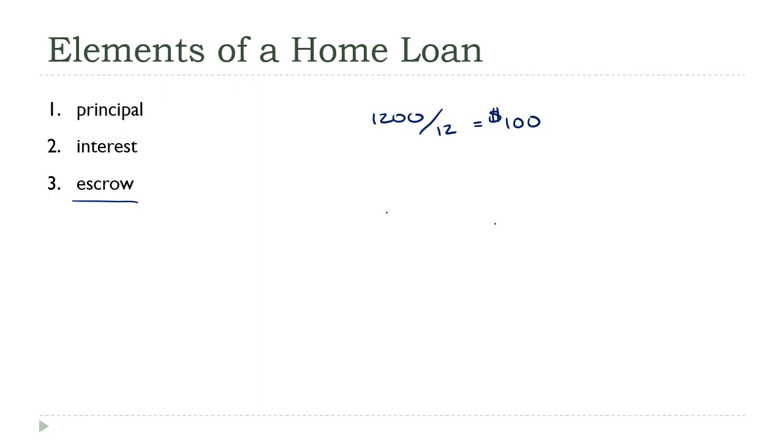The bank has a really good idea based on last year's payment what this year's payment is going to be. They divide that by 12, add that onto your monthly payment, and that money will also go into your escrow account. Once again, you'll get a statement from your insurance company, but the actual bill will go to your bank, and your bank will pay that out of the escrow account.